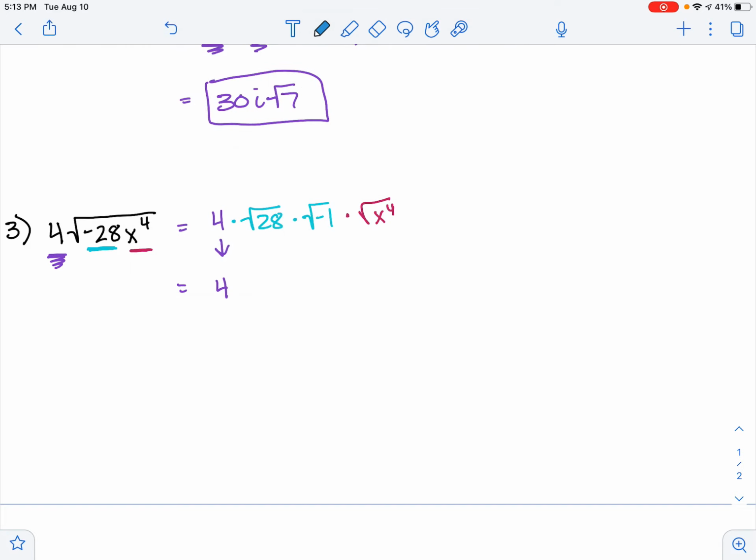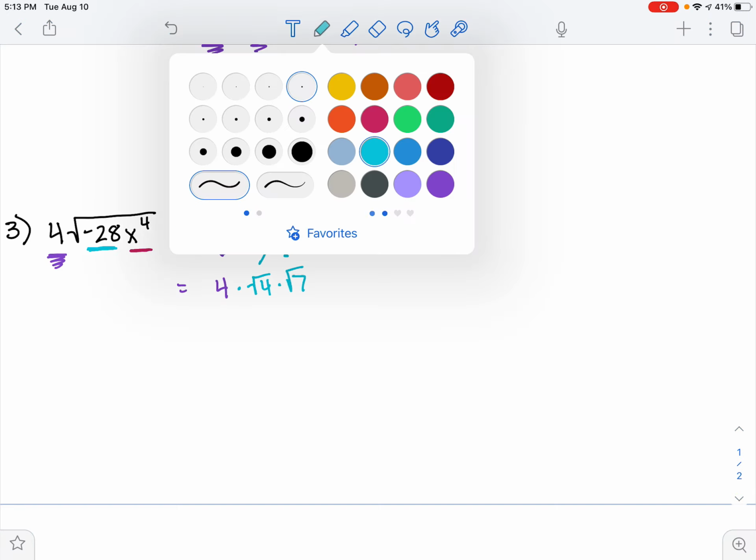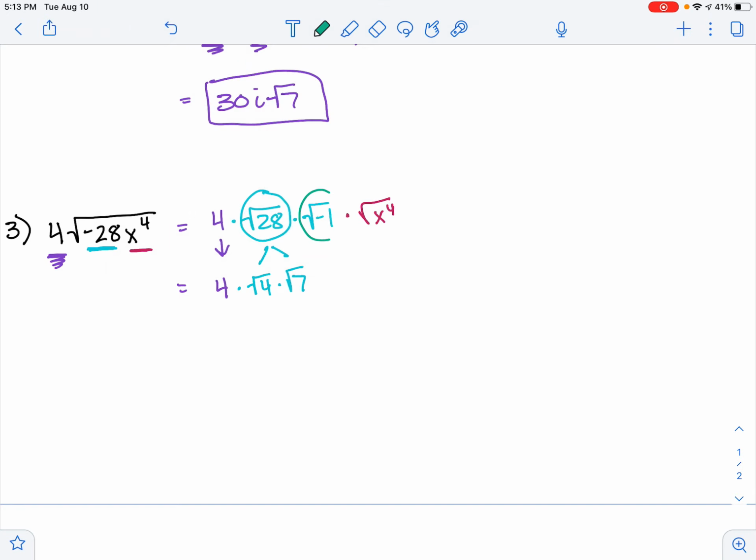I can simplify the square root of 28 by using perfect squares. 28 can be broken up into the square root of 4 times the square root of 7, because 4 times 7 is 28. The square root of negative 1 is i.